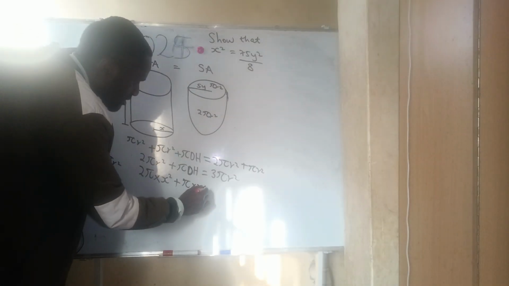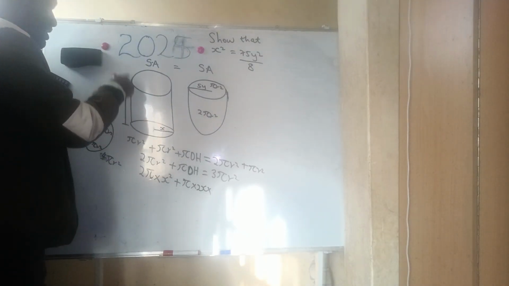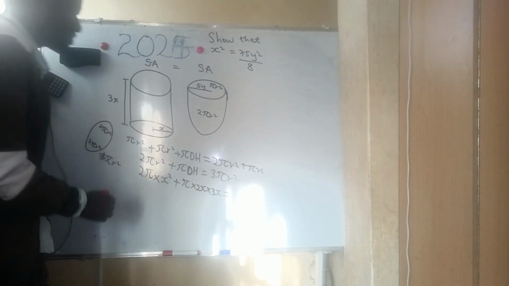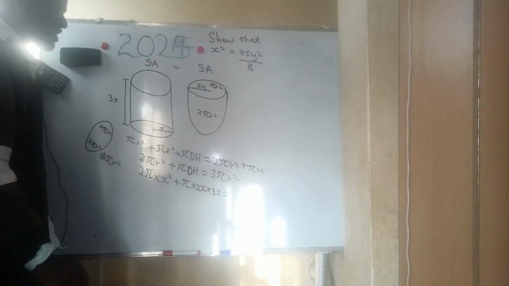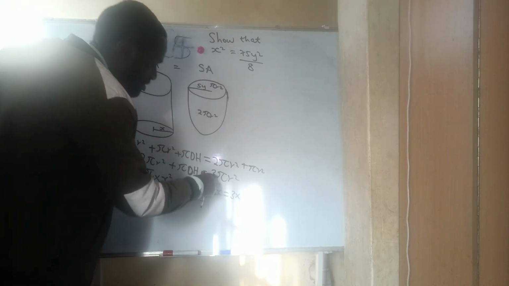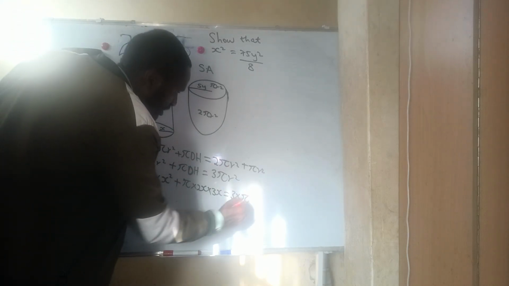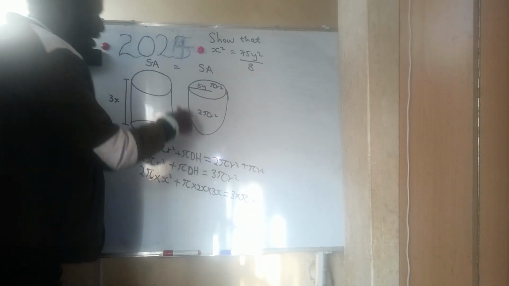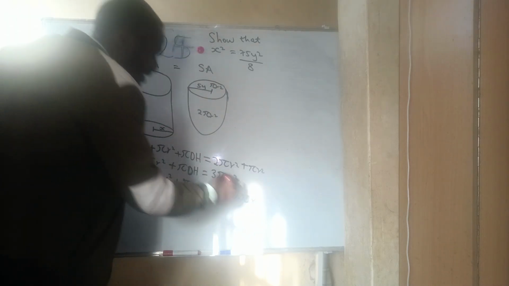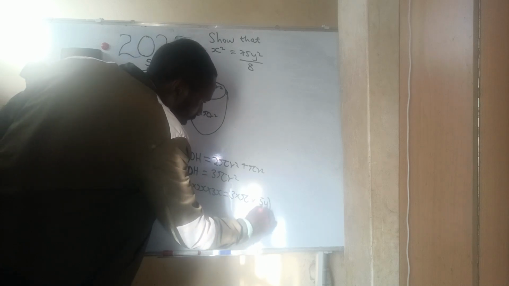So 2x times the height, and the height of the cylinder is 3x. And that should give us the total surface area of the hemisphere, which is going to be 3 times pi, retained, times r squared. Our r for this hemisphere is 5y, so it will be 5y squared.